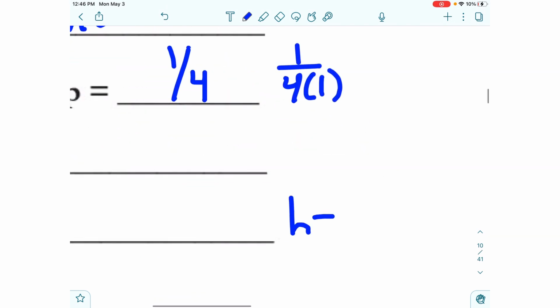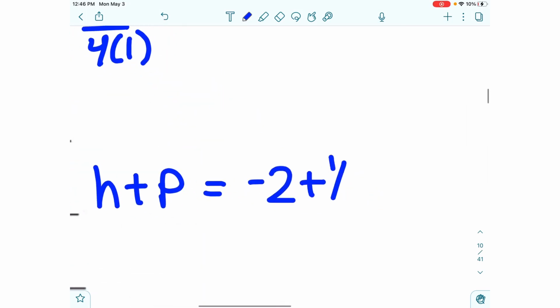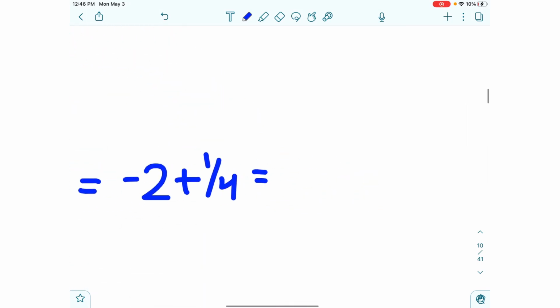Focus is h plus p. The h is -2 plus p, which is a 1/4. That's -1 3/4.